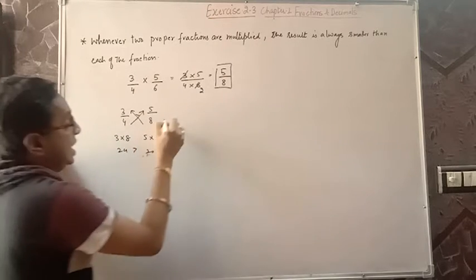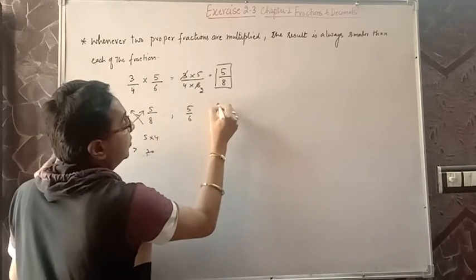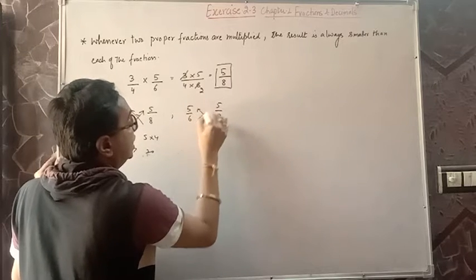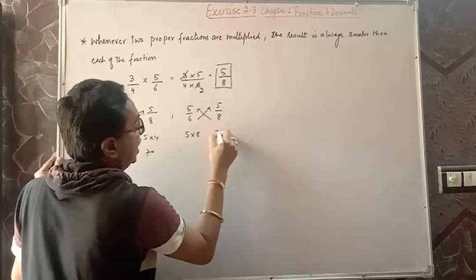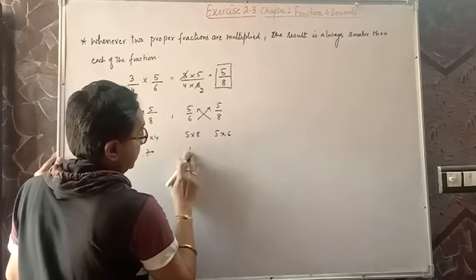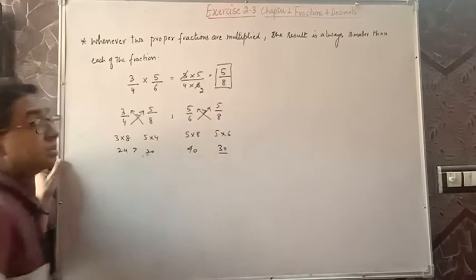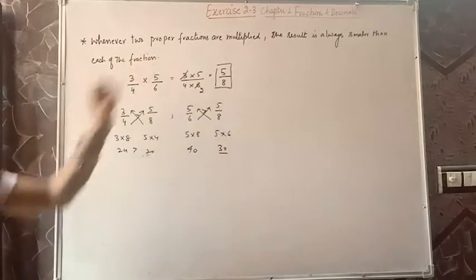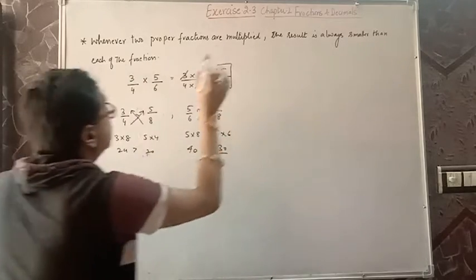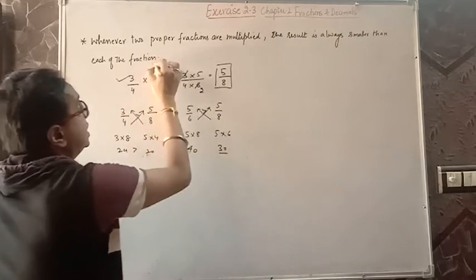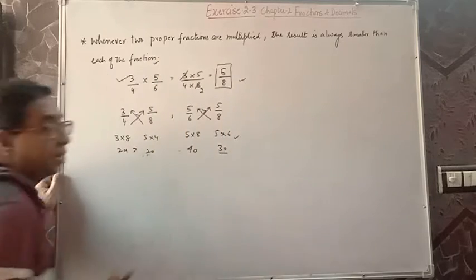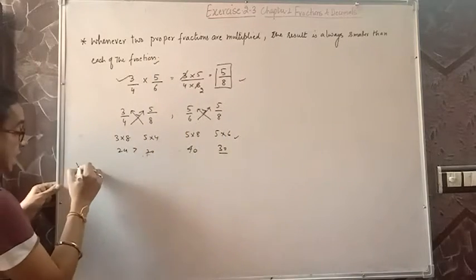If we compare 5 by 6 with 5 by 8, we see 5 into 8 is 40 and 5 into 6 is 30, so again 5 by 6 is bigger. This is what the statement says: whenever two proper fractions are multiplied, the result is always smaller than each of the fractions, hence verified. Clear? Next.